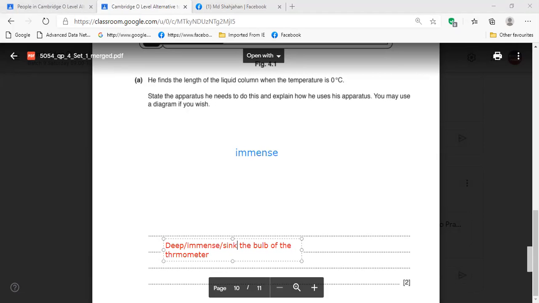Sink the bulb of the thermometer into the melting ice, right? Sir, can we write in a supply of ice? Into the melting ice.